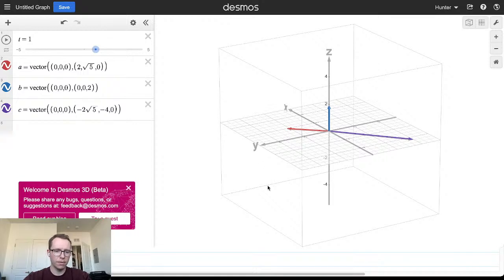I don't know if that really follows what the right hand rule is supposed to be. Wait.